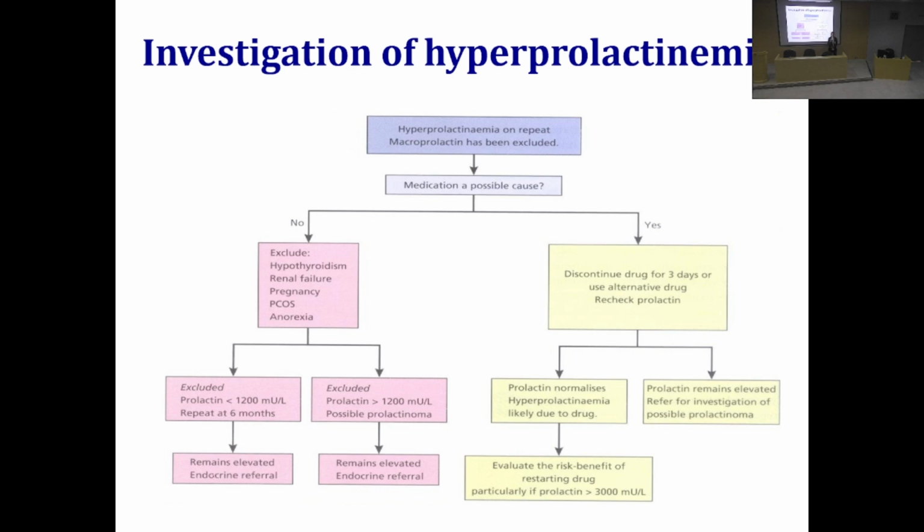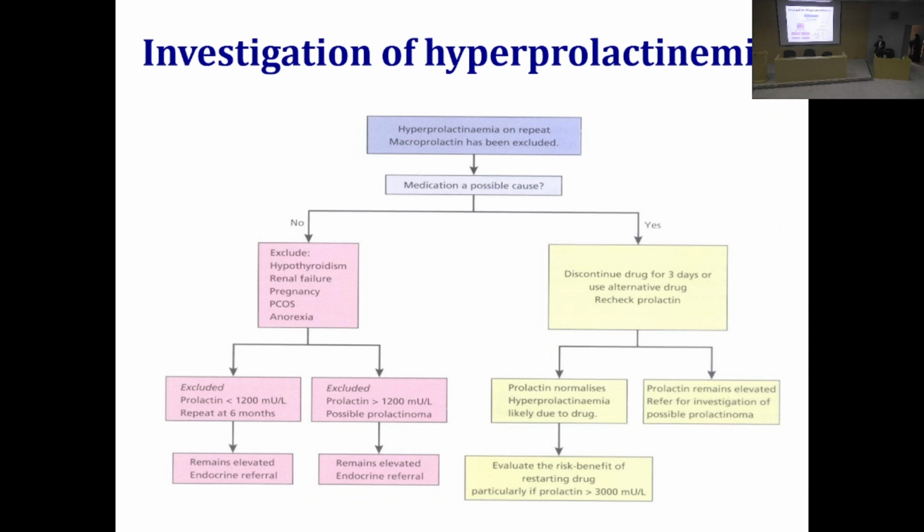Either way, the best logical step would be to refer them to an endocrinologist, and then they can do MRI or CT, look at the pituitary, check for any abnormal growths, and so on. And then they could basically treat them accordingly. And there are treatments, medical treatments for hyperprolactinoma as well.